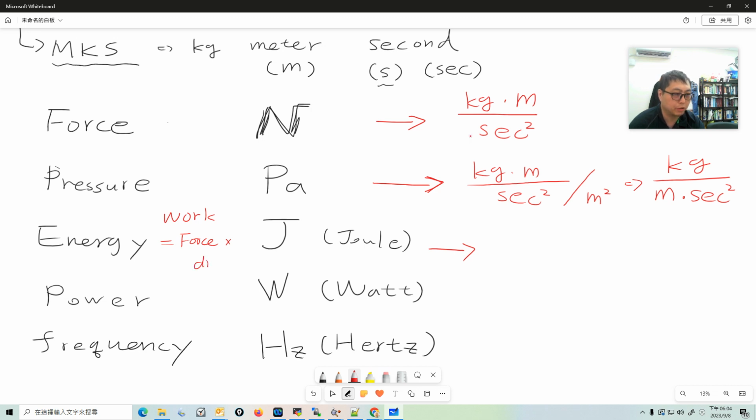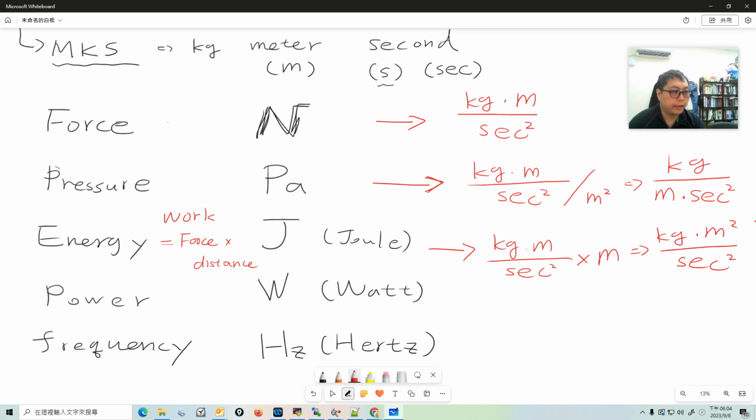Force is Newton, so it's kilogram times m divided by second squared, and then times distance. We use meter to express distance, so it becomes kilogram times m squared divided by second squared.